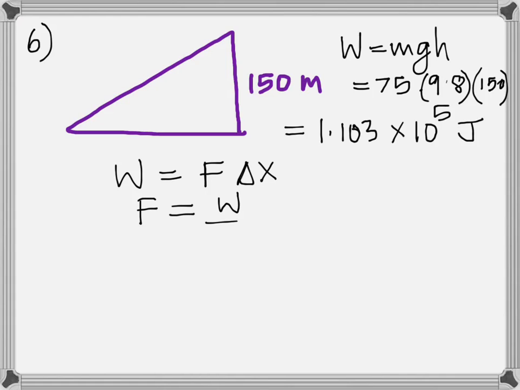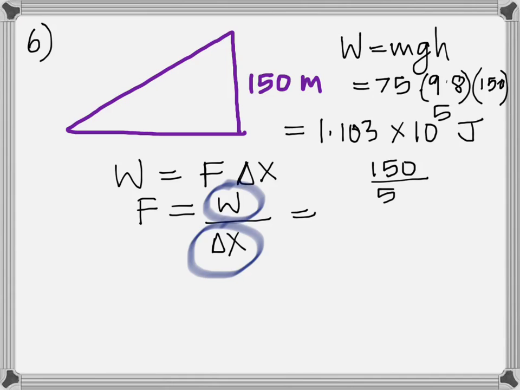And now to find the force that he exerts, you have to take the work done in each rotation of the pedals divided by the displacement in that rotation. So we've got to find the work in each rotation of the pedal divided by the displacement, which would be the circumference. Now that's what I'm doing here.